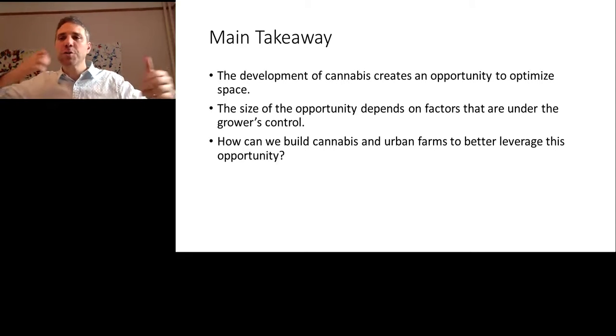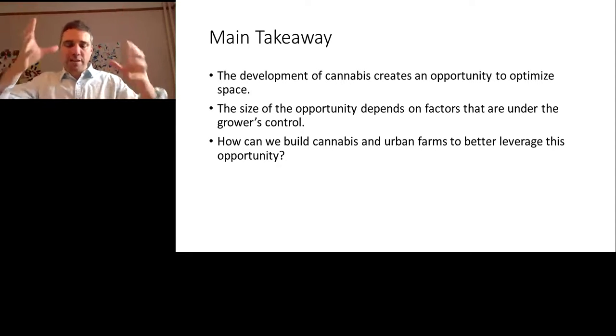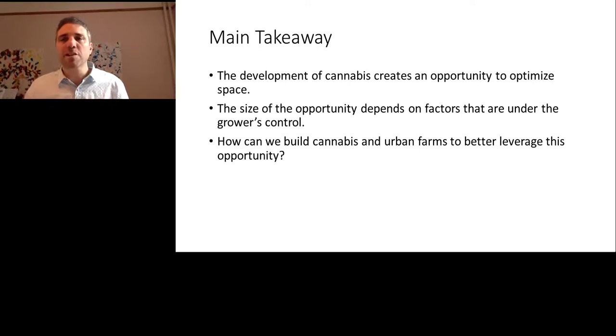There's solid walls usually. The trays are connected to the floor. It's hard to move things around. And so one really interesting research opportunity and just practical opportunity for the industry is how can we build facilities that are more capable of taking advantage of the space optimization opportunity that's created by both the plant and the grower's growing strategy that changes all the time.